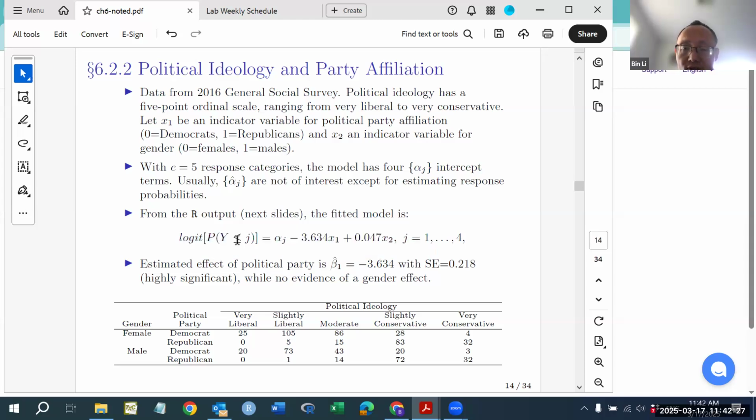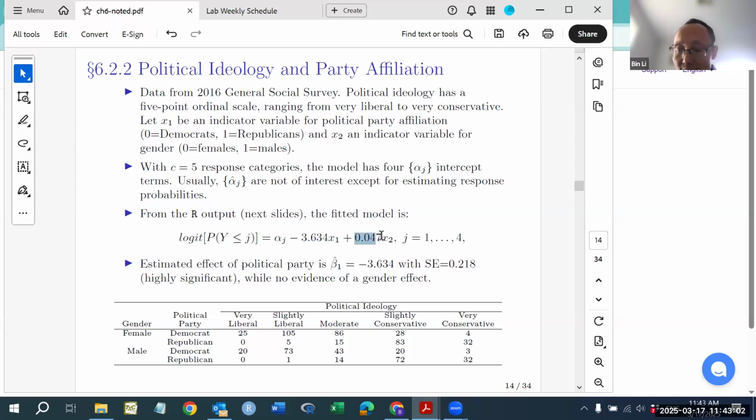For this fitted model, alpha j, the intercept, changes for j from 1 through 4. Remember, we have 5 categories, so only 1 through 4. Alpha j changes with the j's. And this is for the party affiliation effects, and the beta is independent of the j's.